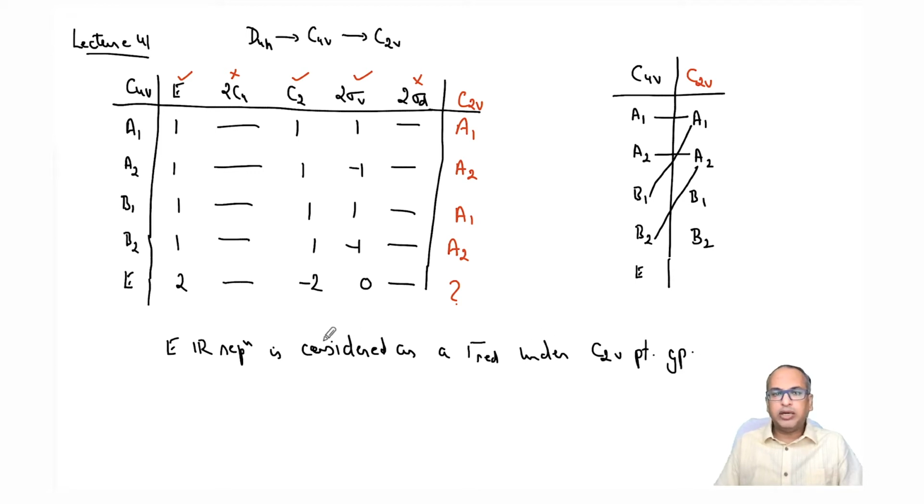So once you do that, now the case is simple. If you consider E as tau reducible, you can reduce it under C2V point group using the reduction formula.